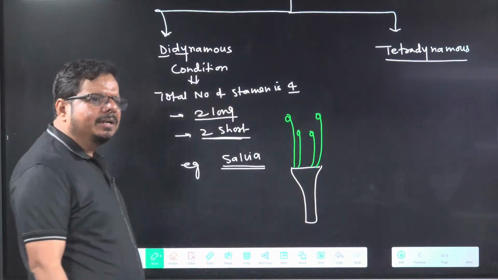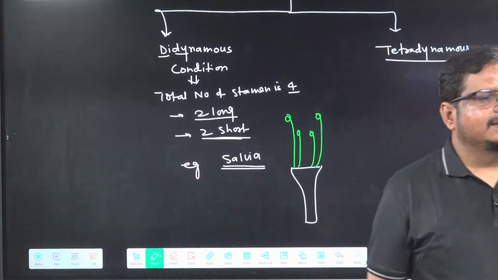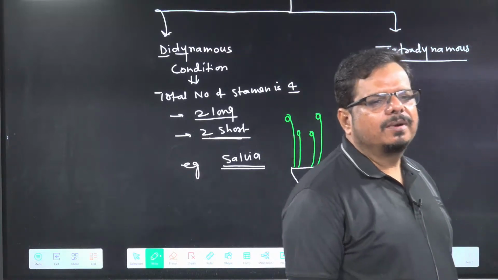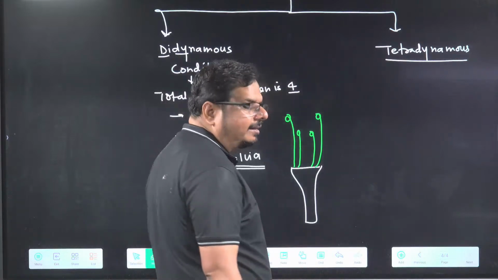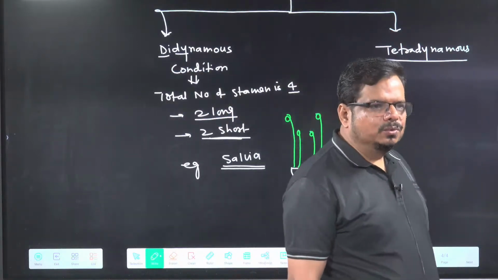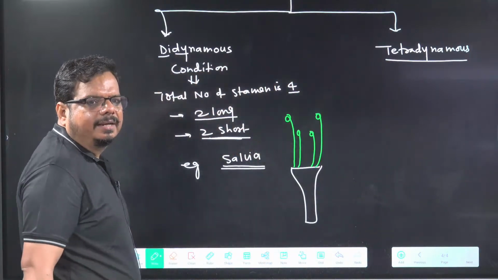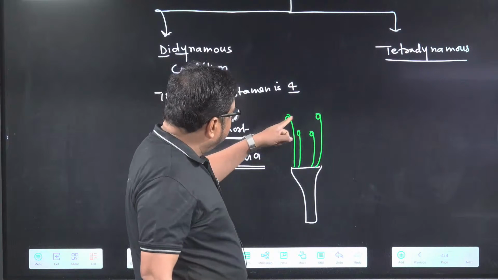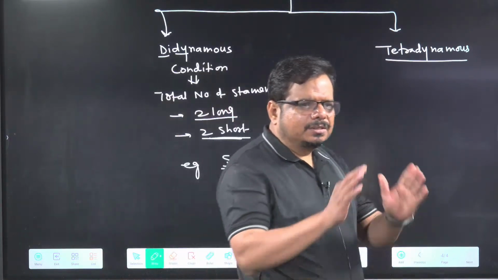So are the lengths equal or unequal? Length of stamens is unequal. So such a particular condition is called didynamous condition. Di and di, 2 and 2. Total 4 stamens are there. Salvia has 4 stamens, but unequal in length. We just got the idea.